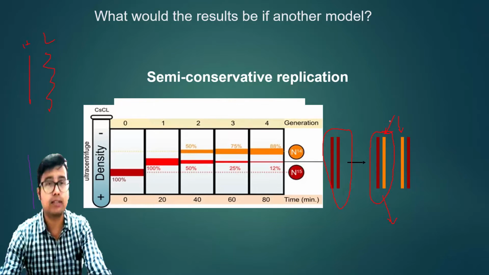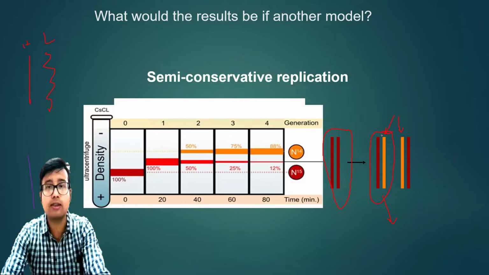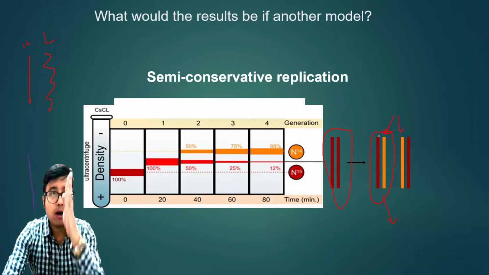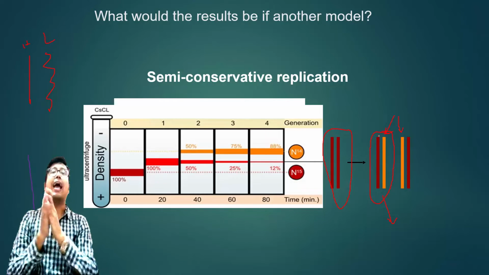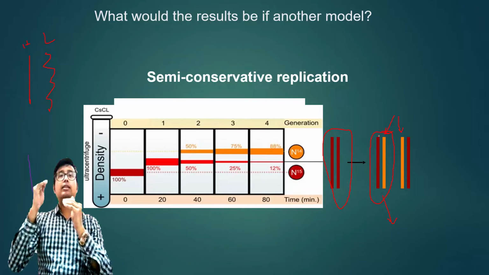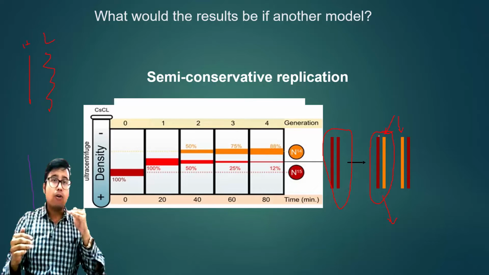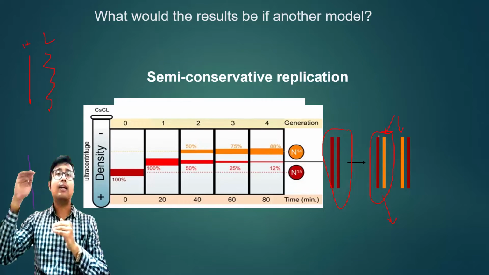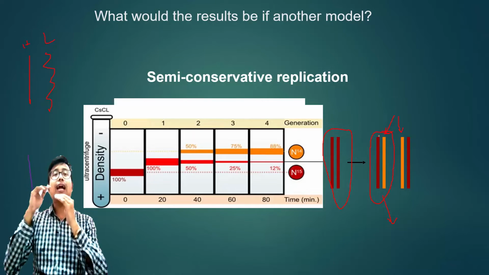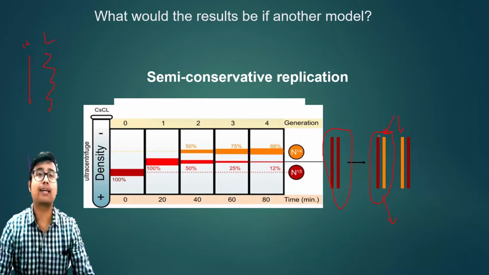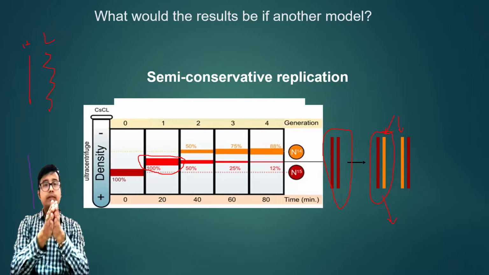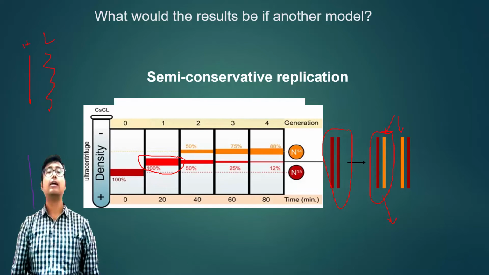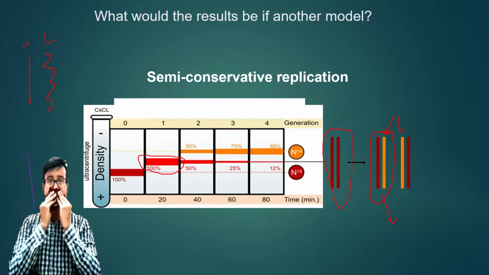In case of semi-conservative, this whole thing is one parent strand heavy and one daughter strand light, but when we average them out, it will give a band neither at 14 nor at 15, but it will lie somewhere in between. That is exactly what happened in the first generation, and 100% of the band is supposed to be at the intermediate position in case of semi-conservative replication.